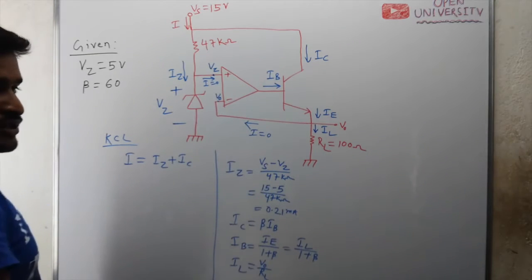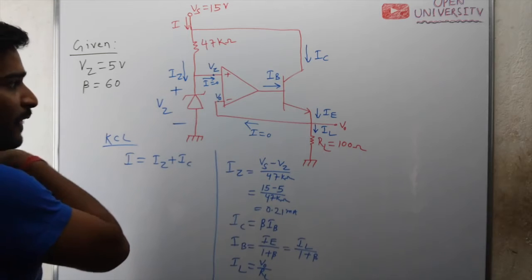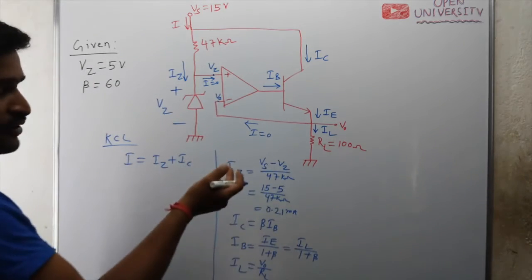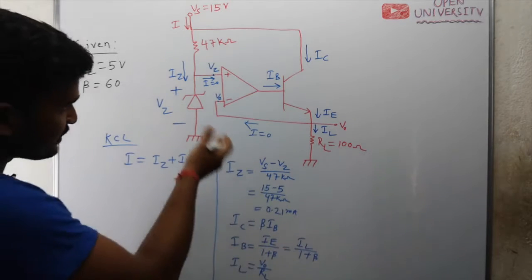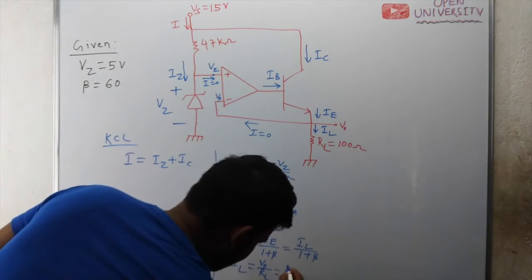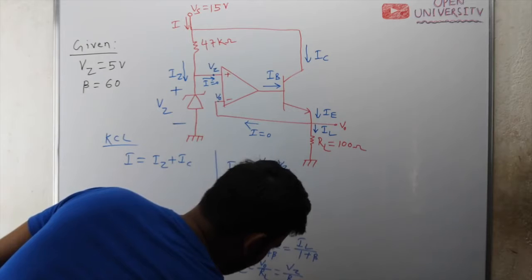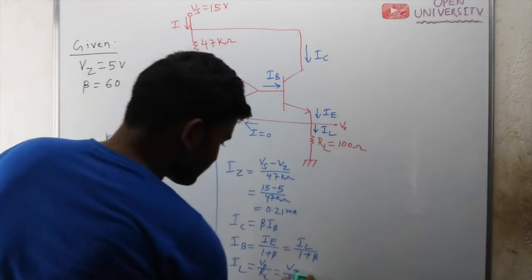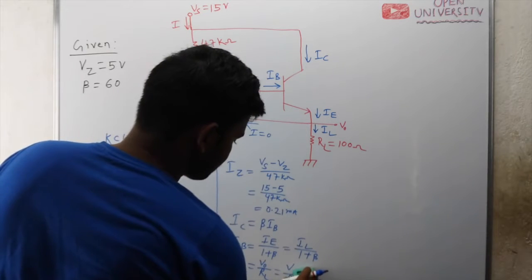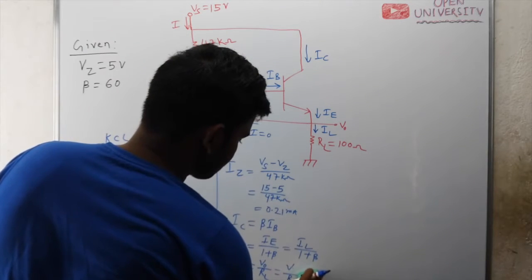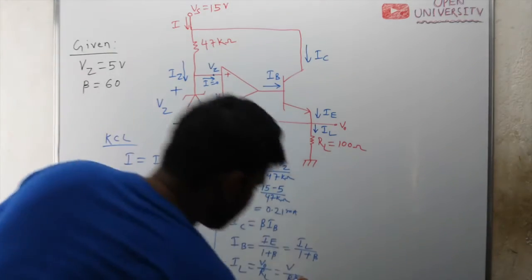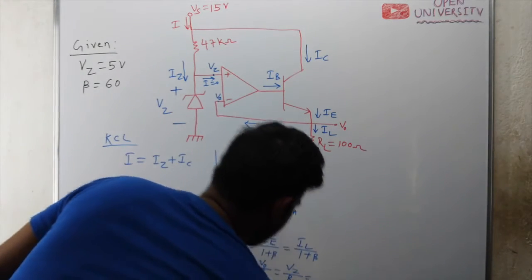The differential input to an op-amp is approximately 0. So if Vz minus V naught equals 0, then Vz equals V naught. So IL is Vz by RL.